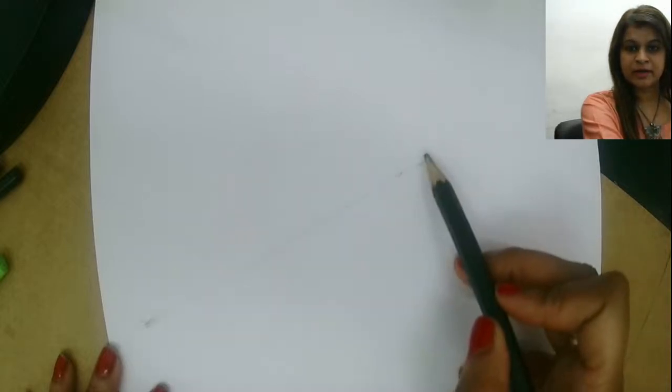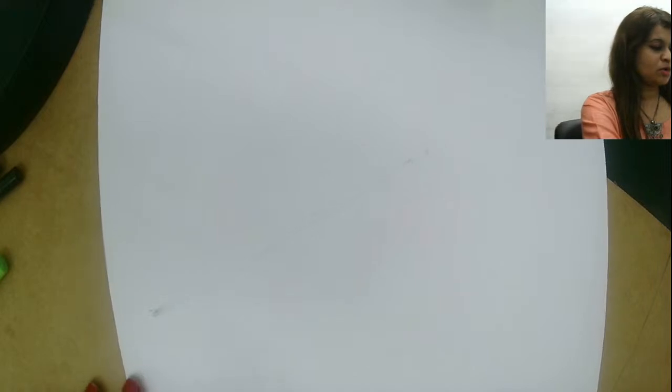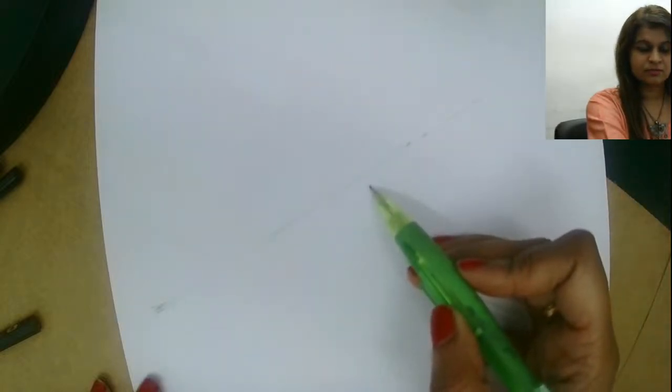So how do we do it? I always look for an axis line. For example, my leaf is kept on the table, but it's following a particular axis line, so I'm drawing that axis line. Say this is a diagonal line that I have drawn.